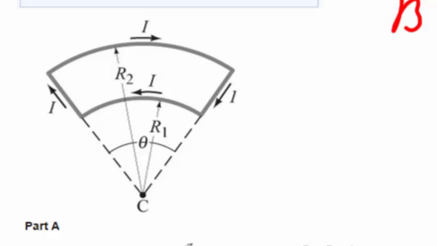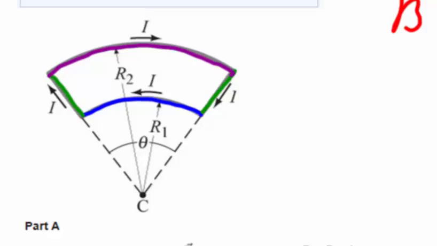Let's begin. Our current distribution has multiple pieces. One piece is the inner arc, two pieces are the radial portions, and then the final piece is the outer arc. In principle, these would make four contributions.